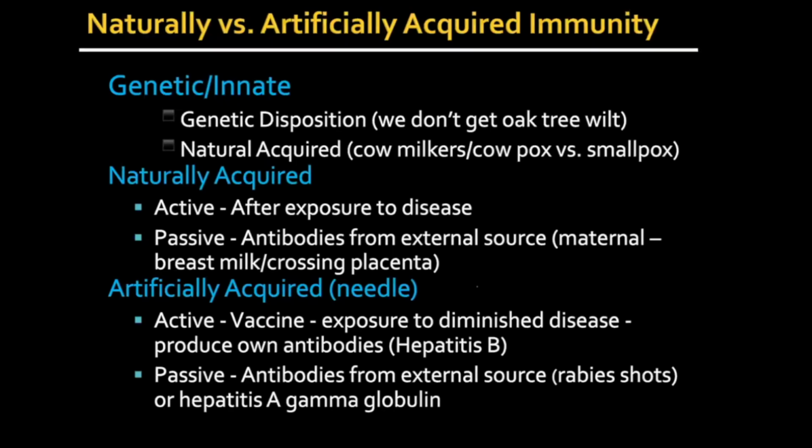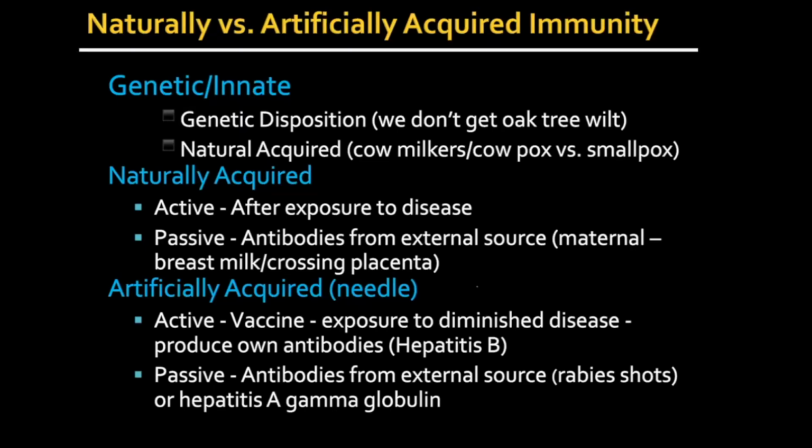Now, there is another type of innate acquired immunity called natural acquired. Let me explain it. I can't think of anything in current medicine, but I can discuss this. Back in the old days when smallpox was going around, they noticed that milkmaids, these women who milk cows for a living, didn't get smallpox.